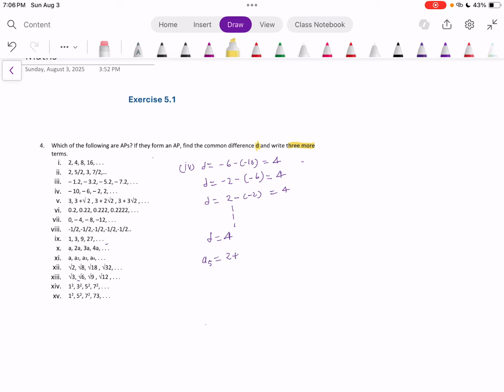You know this 2 from here is the last term, so I'm adding the common difference to it to find the next term. A6 is going to be the last term, 6 plus 4, going to be 10. A7 is going to be 10 plus the common difference, 14.